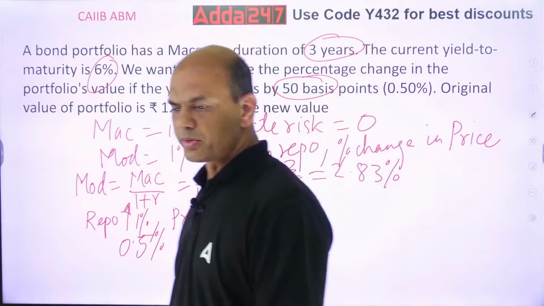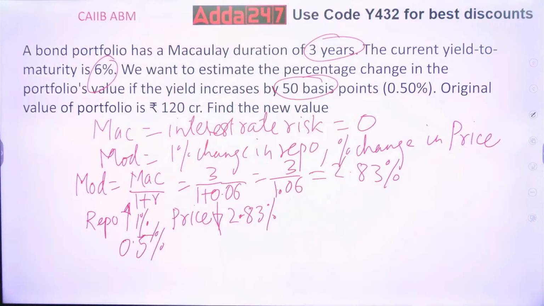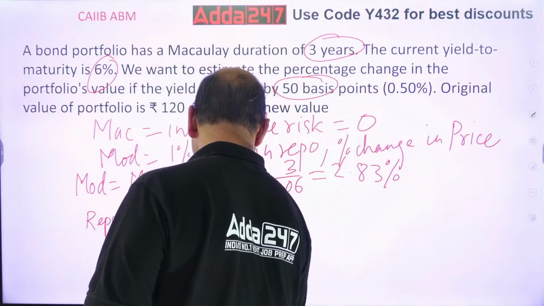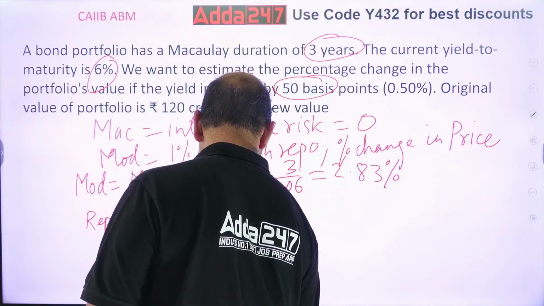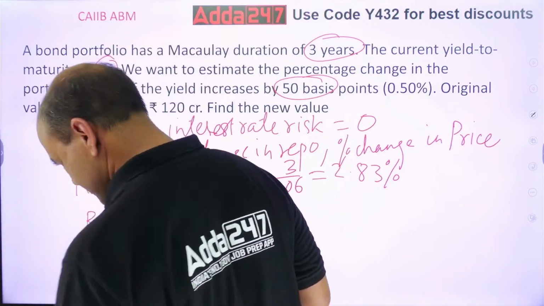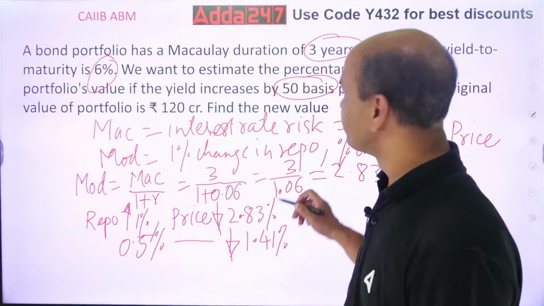Do it, everyone. 2.83 into 0.5. What are you getting? 1.41? Are you getting 1.41, everyone? So price will change, fall down by 1.41%.